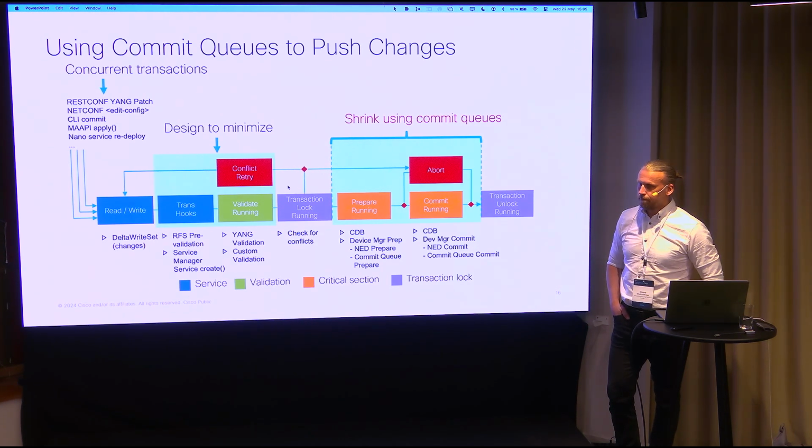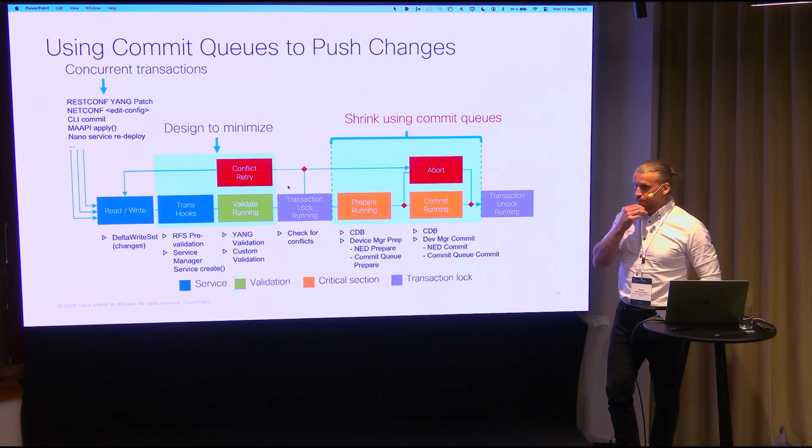Is there a possibility to move that part of the updates to the CDB, the critical part, to the end? Also, in case of failure of the transactions to the devices, not to have to delete that part from the CDB.